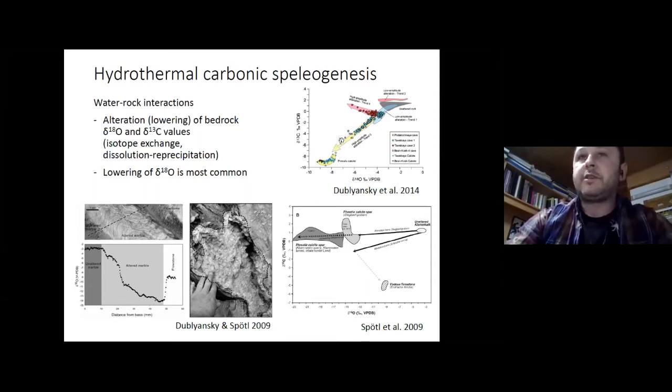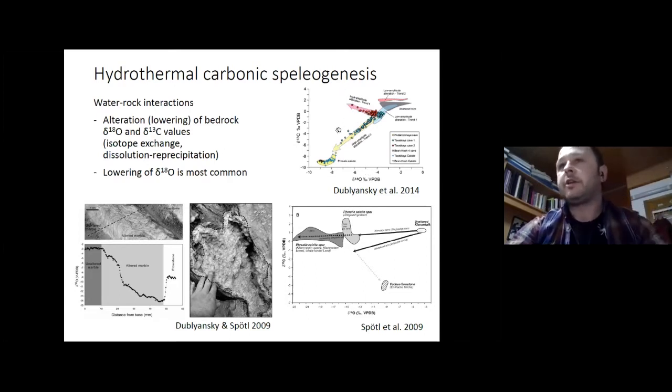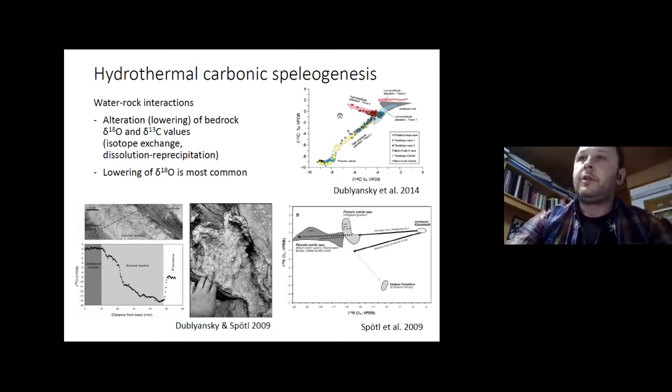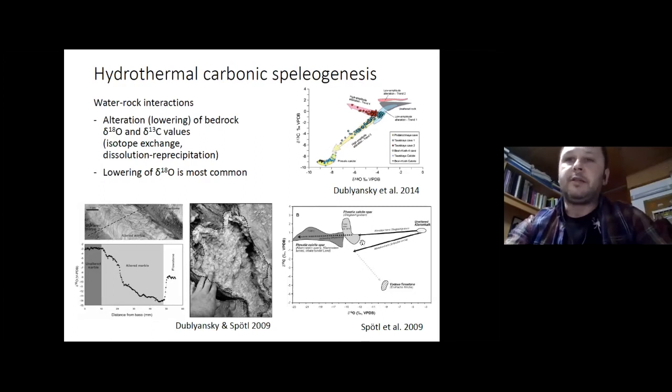But we can also have a situation like this trend seen here, where the oxygen is shifted to more negative but the carbon is shifted to slightly more positive, which will reflect interaction with a fluid whose carbon composition was higher. So a different source of carbon in these two systems can be identified.